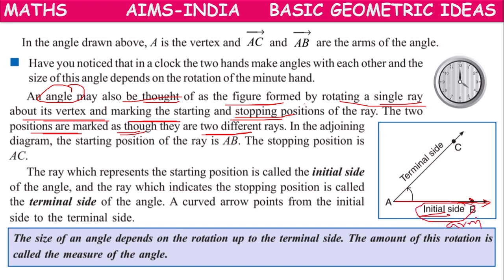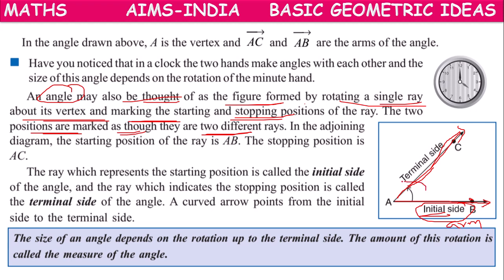From here, we are rotating AB such that its stopping position is AC. We are rotating AB from the initial point to the terminal point C. We are rotating the same ray.